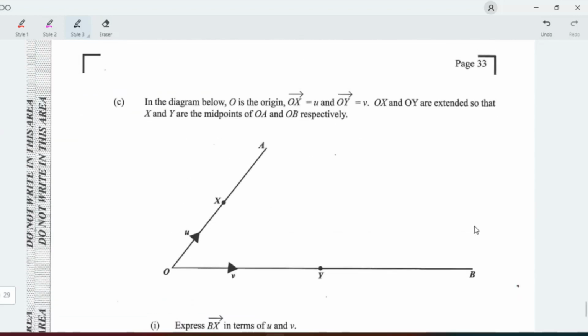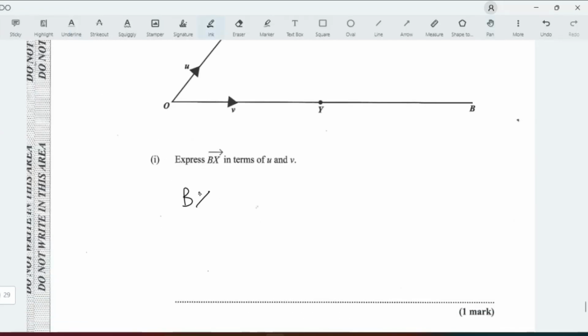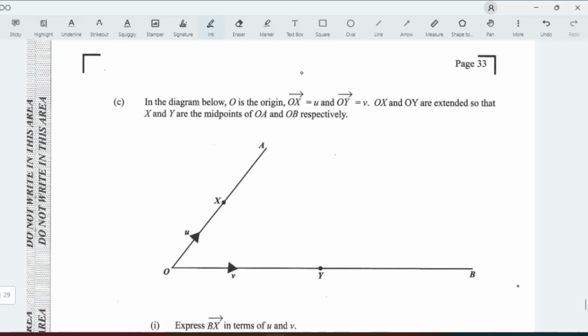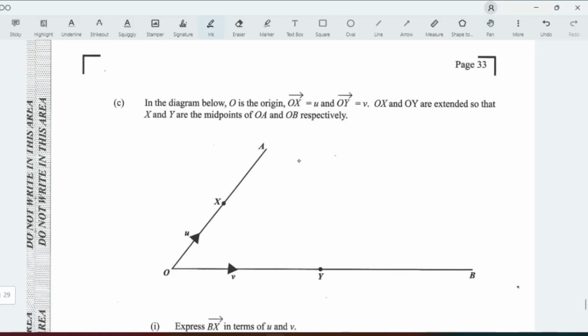Next part now. Okay, they give us some information and they ask us to find vector BX. I love these questions. Vector BX is just vector OX minus vector OB. Now I know what OX is. OX is U minus vector OB.